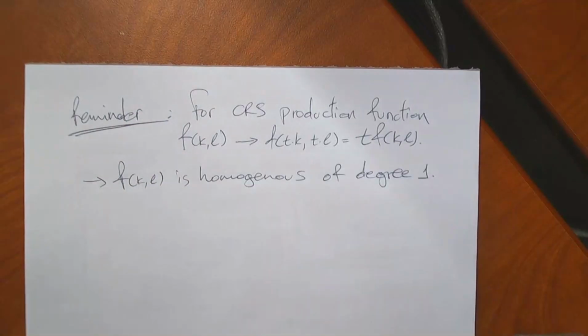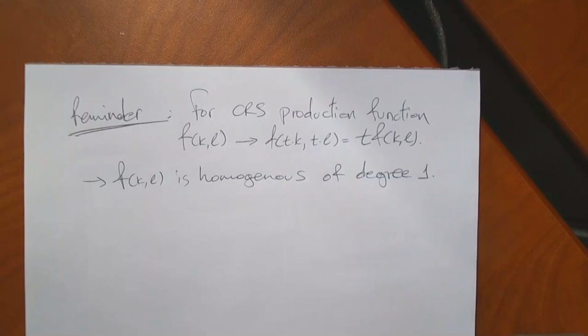There is a well-known calculus theorem that suggests that if you have a function f that is homogeneous of degree k, then the first order partial derivatives are homogeneous of degree k minus 1. So what are the first order partial derivatives? If it's a production function, we're talking about the marginal products being homogeneous of degree k minus 1.